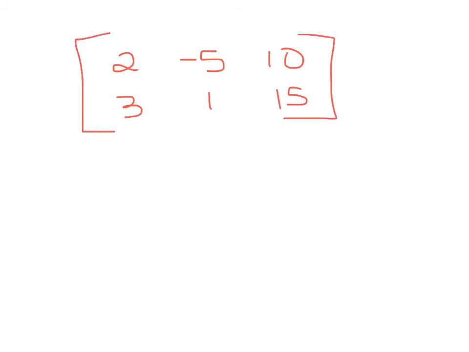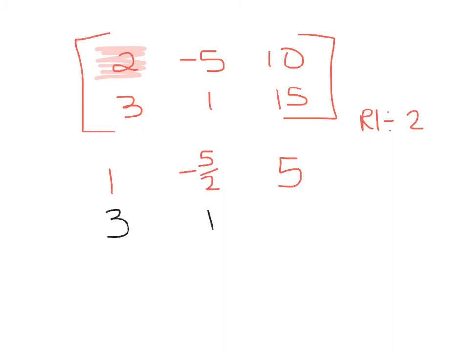So for this problem, again, I want to get a 1 in the first spot. So I'm going to divide row 1 by 2. So that'll give me 1, -5 halves, and 5. I'm going to rewrite row 2.